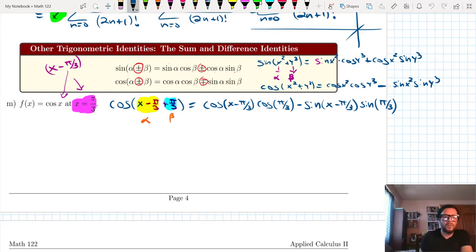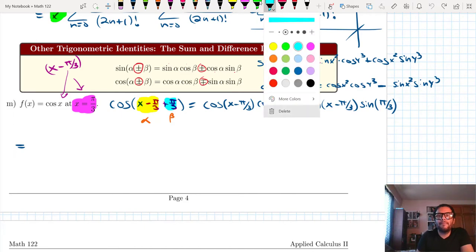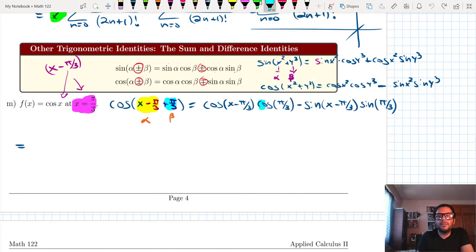Now let's evaluate each of these. For example, this one right here, cosine pi over 3, can be evaluated using the unit circle or the triangles, whatever you use for those. So I'm going to write the answer with a coefficient, and this will be 1/2 of cosine of x minus pi over 3.